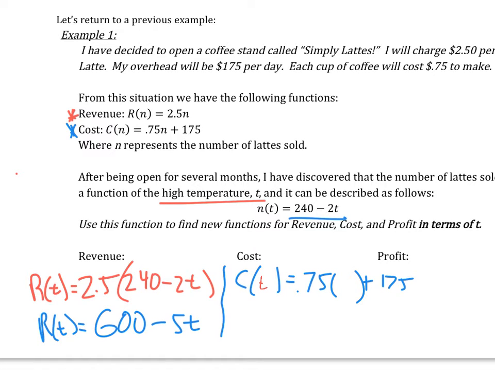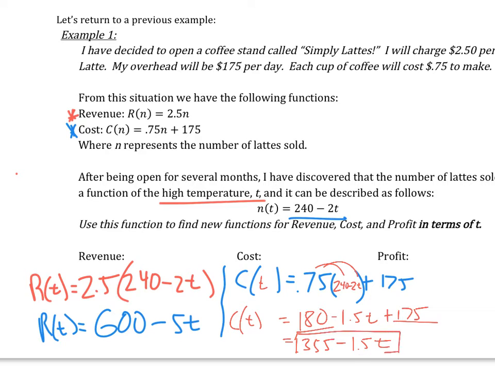How we figure out N: this is 0.75 times N, which is 240 minus 2T. If I distribute this here, 0.75 times 240 is 180, and it's going to be 1.5T. And so here's our cost function, a new function that once you know the temperature, we'll figure out how much this costs. Let's clean this up here. This is 355 minus 1.5T.